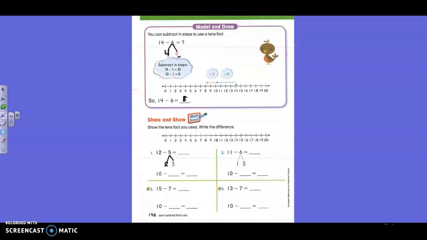Okay, 2 plus what equals 5? 3. 2 plus 3. Okay, so the leftover number is what? 3. So 10 minus 3 is what? 7. So 7 is your answer. 12 minus 5 is 7.